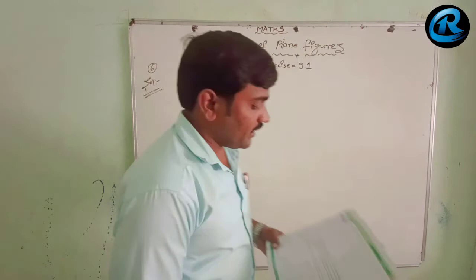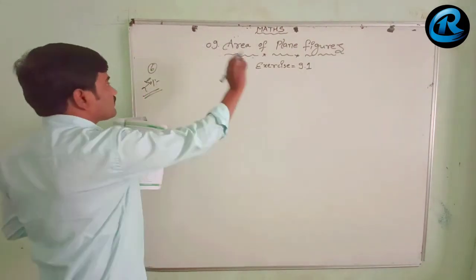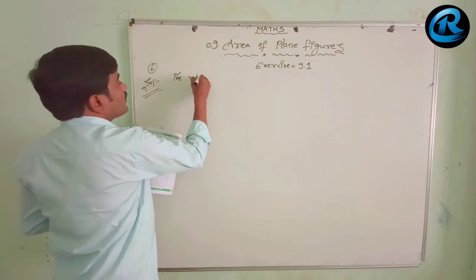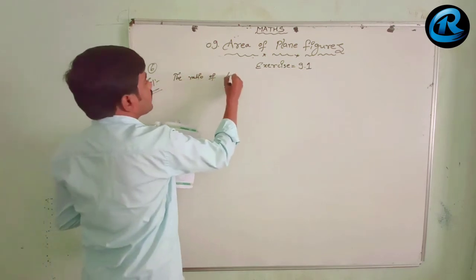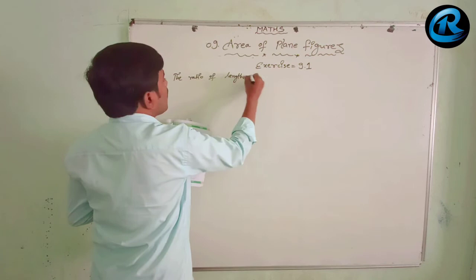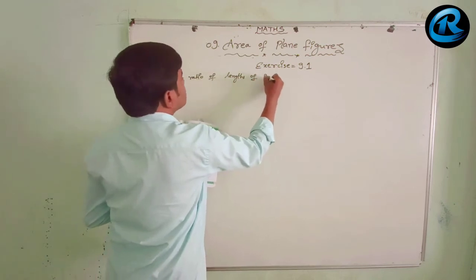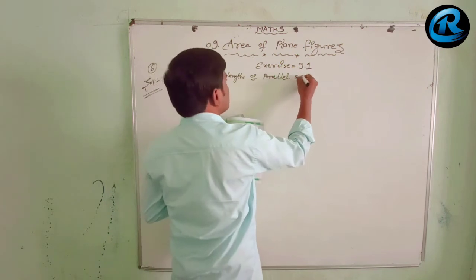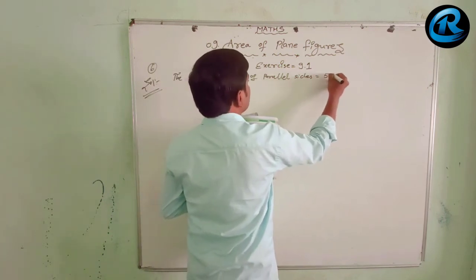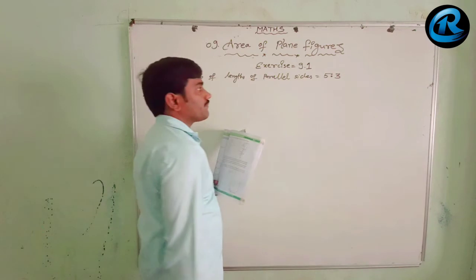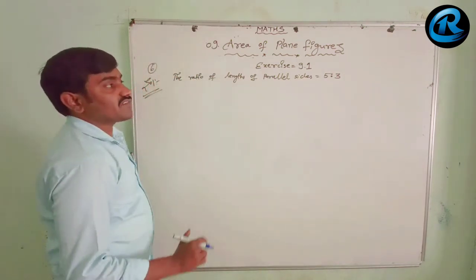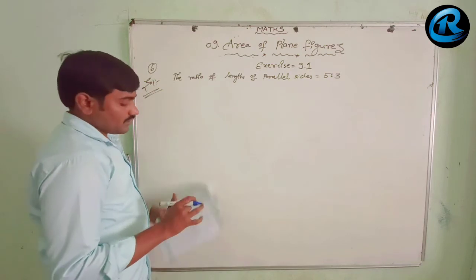So the ratio of lengths of parallel sides equal to 5:3.